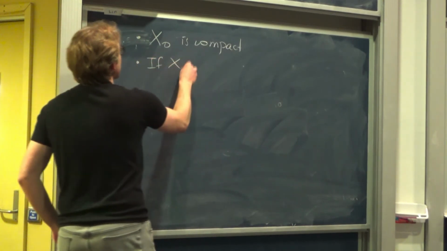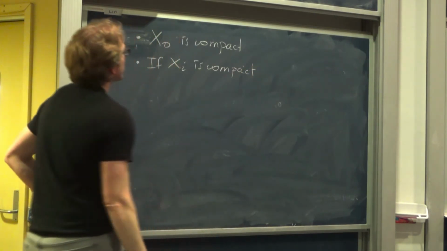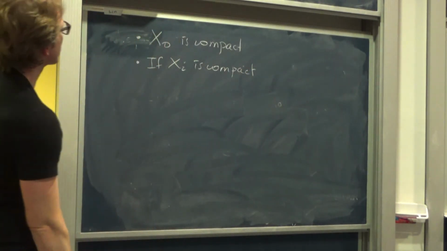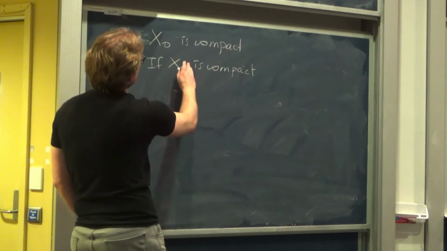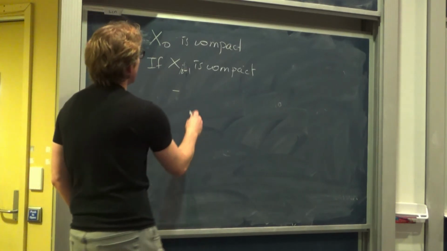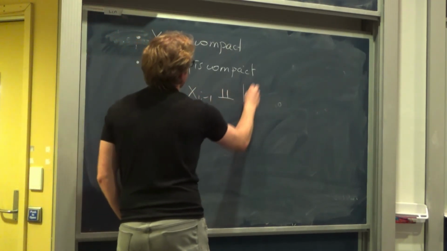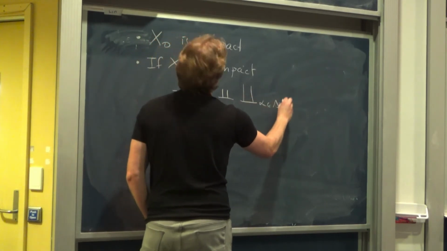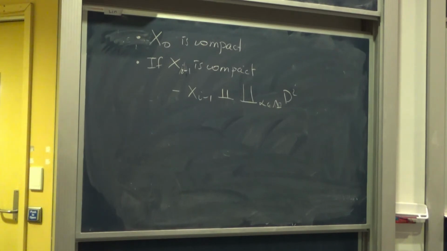If Xi minus 1 is compact, that's the inductive hypothesis, then first, Xi is a quotient of this.